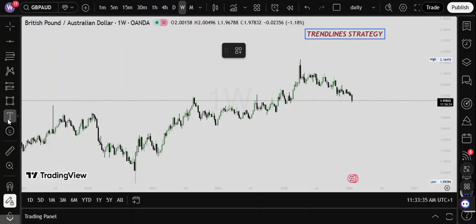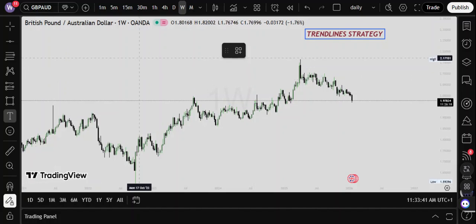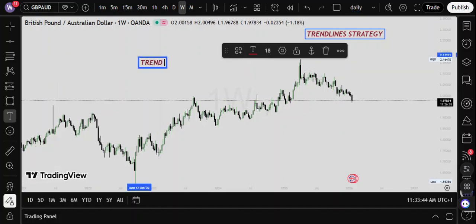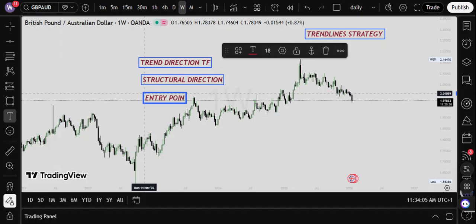Probably I should just write it down: your trend direction time frame, your structural direction, and your entry position. So this is what you're looking at.